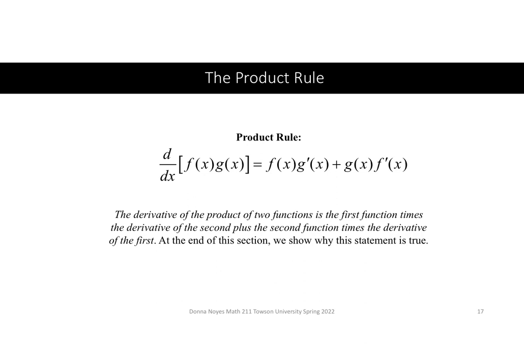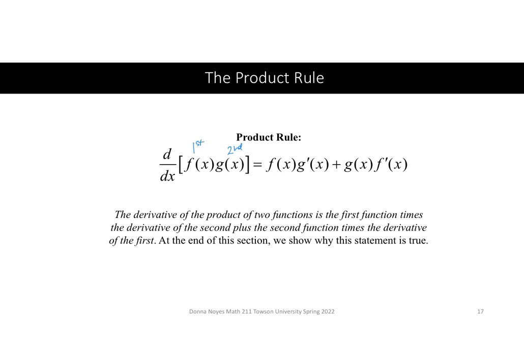So we say first we can take the first times the derivative of the second, f of x times g prime of x, and then we'll add to that the second times the derivative of the first, or g of x times f prime of x. And the way I learned this was I thought of these as first and second.